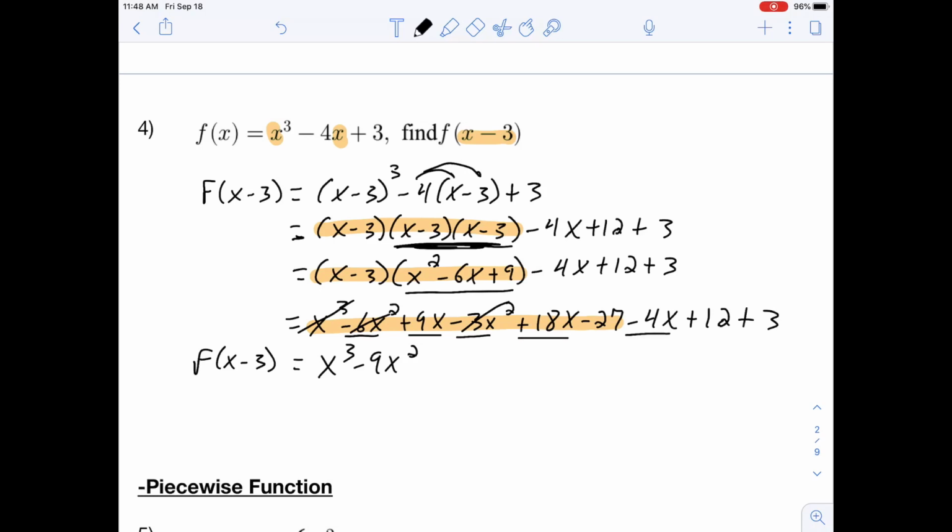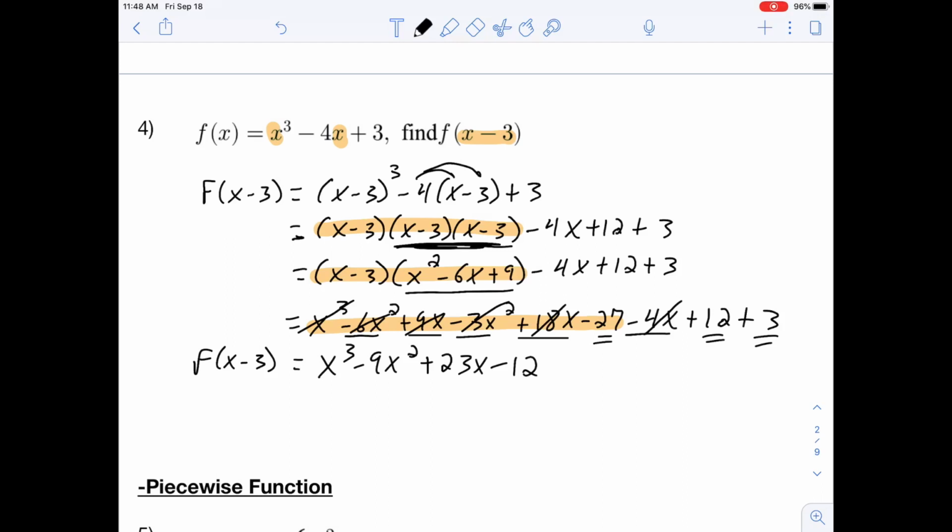So 9 and 18 is 27, minus 4 is 23. So that's that, and then that. And what's left, we have negative 27, positive 12, and positive 3. So negative 27 plus 12 is negative 15, plus 3 is negative 12. So that is our final answer.